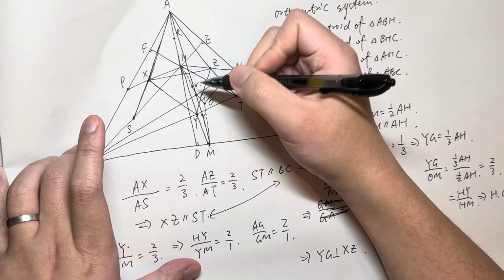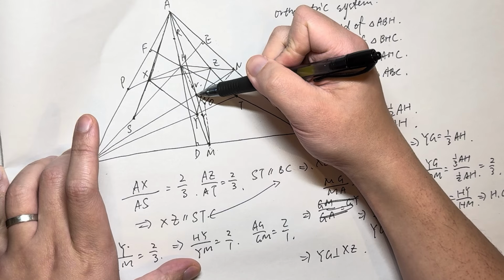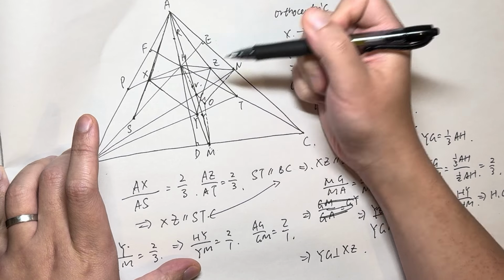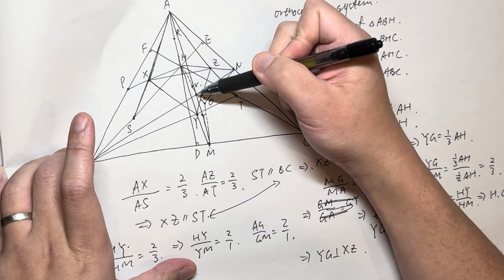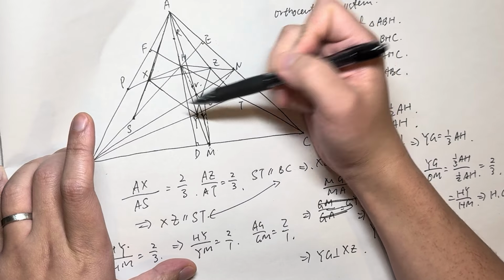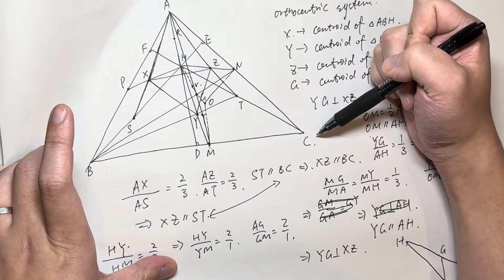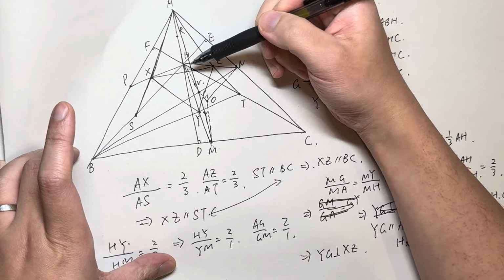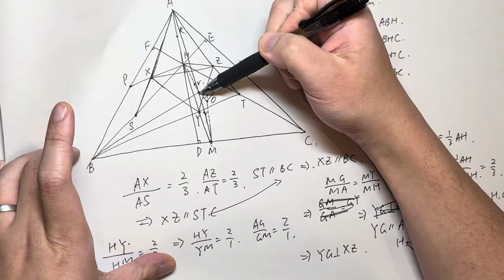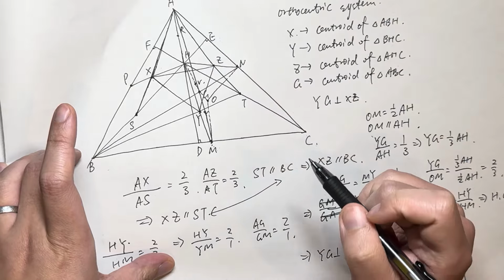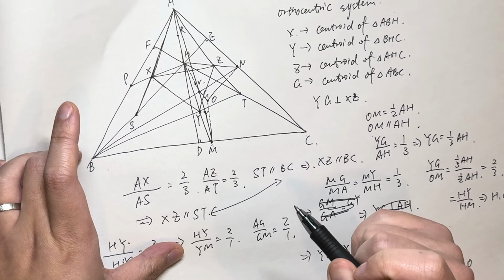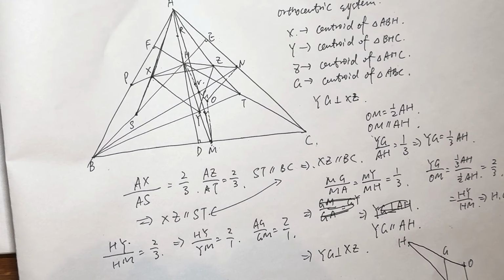And then we know that G is also the center of the triangle XYZ, and H is also the center of the triangle ABC, and we know that the homothetic center is on the line connecting the reference points, right?